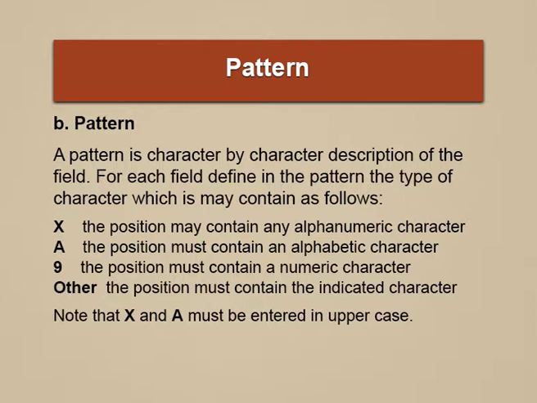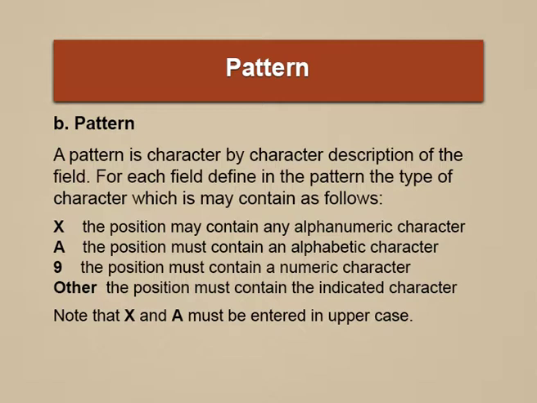Now, pattern can be much more sophisticated also. Right from the pattern itself, you can actually control the data entry operation. If you have a close look here, you see this pattern can be controlled as X indicates it contains an alphanumeric value, A indicates it will include only alphabets, and 9 indicates it will include only numerics.